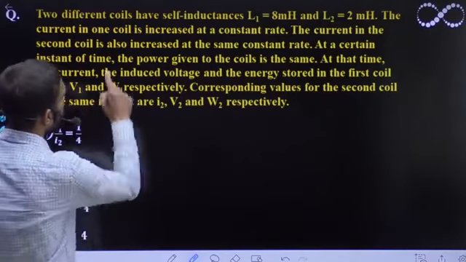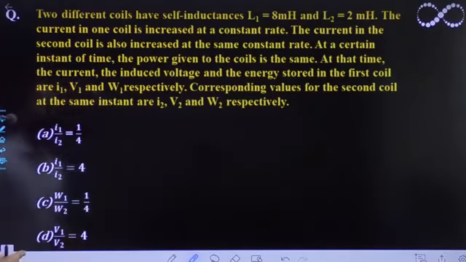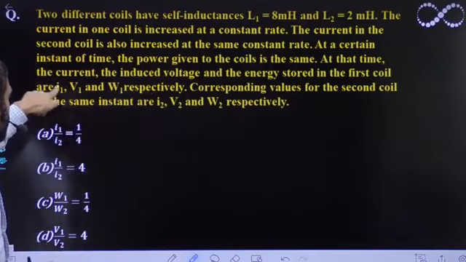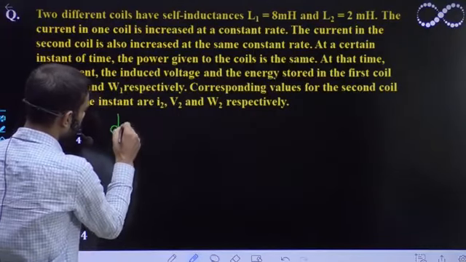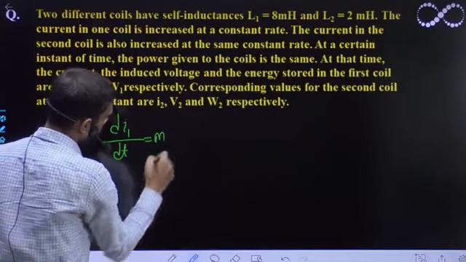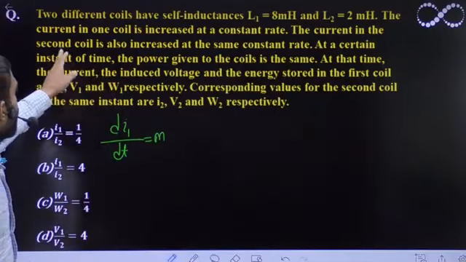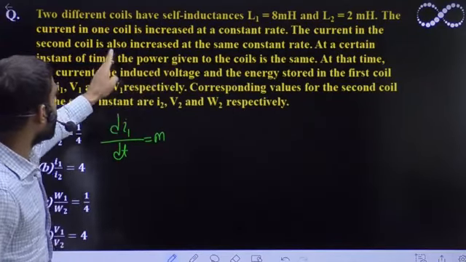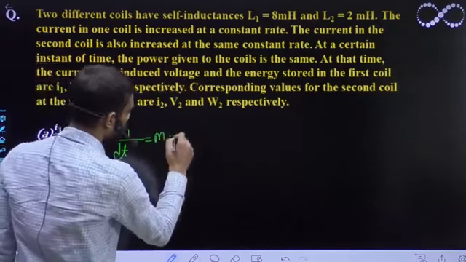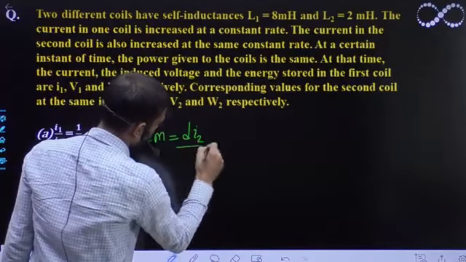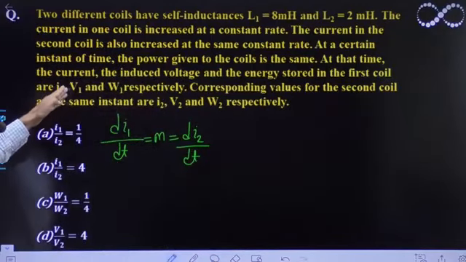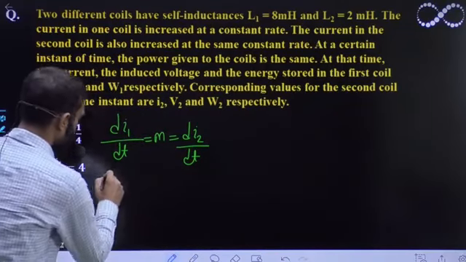So from the first part it is saying the current in the one coil is increased at a constant rate. So the first coil's current is I1, so I can say dI1 upon dt, let us call this M. And the current in the second coil is also increased at the same constant rate, so this is also equal to dI2 upon dt. Now let us see what the voltage, or EMF, will be.